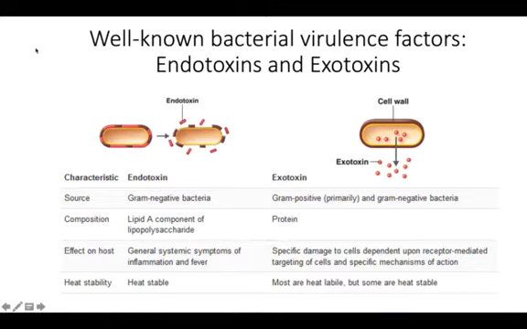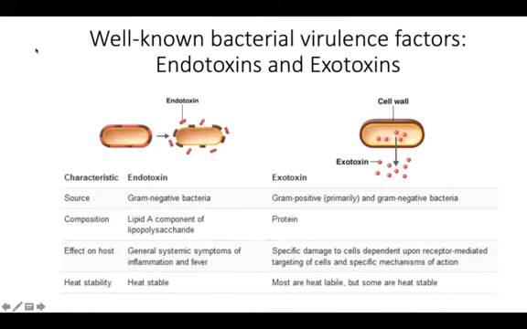They are composed of protein, and these guys will cause specific damage to cells. Okay, these do cause specific damage. Most of these exotoxins are sensitive to heat, but some are pretty stable in heat.